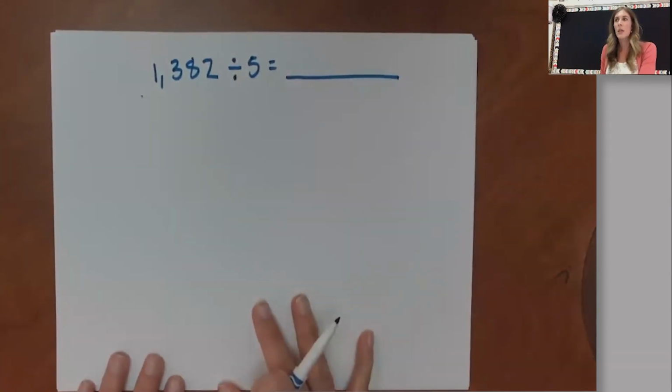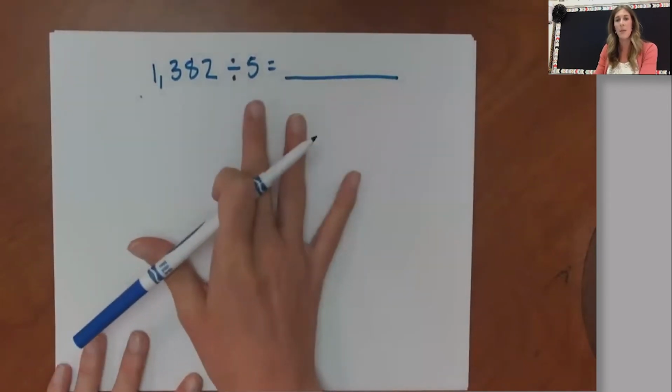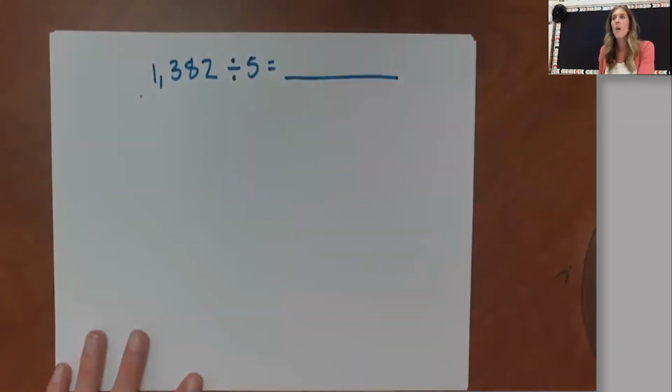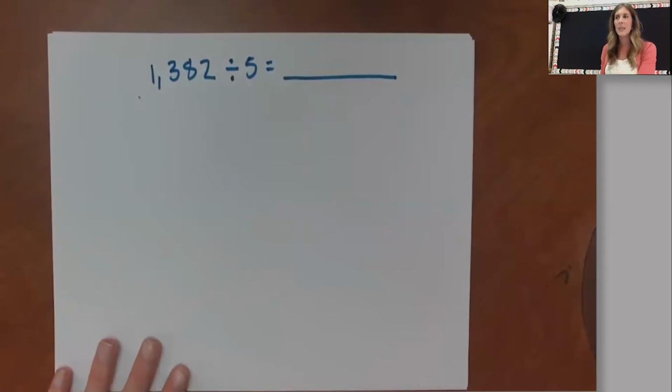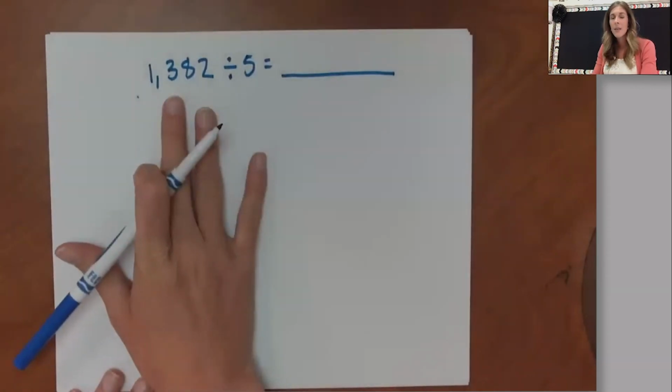I'm going to use compatible numbers to find two estimates that the quotient 1,382 divided by 5 is between. First, I'm going to find two numbers that are close to 1,382 that divide easily by 5, my two compatible numbers. One of the numbers is going to be slightly less than my dividend. One of the compatible numbers is going to be slightly greater than my dividend.